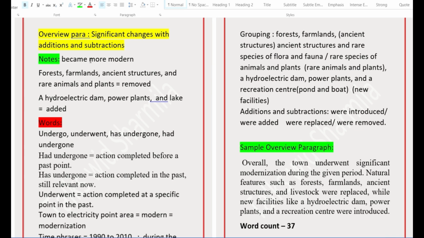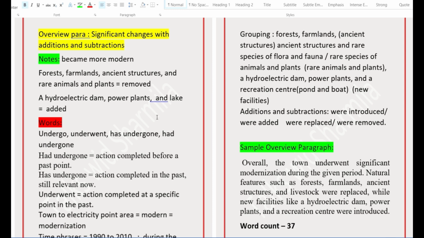We are writing that the town has become more modern, and the forests, farmlands, ancient structures, and rare animals and plants were removed. These are the subtractions. And the additions are a hydroelectric dam, power plants, and the lake.